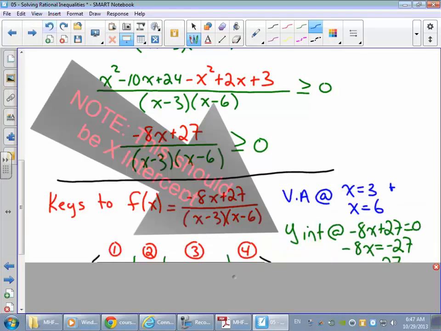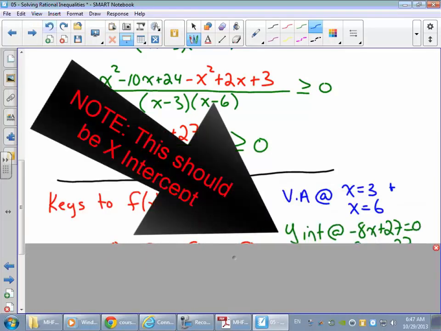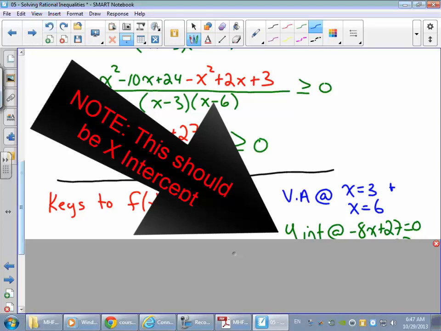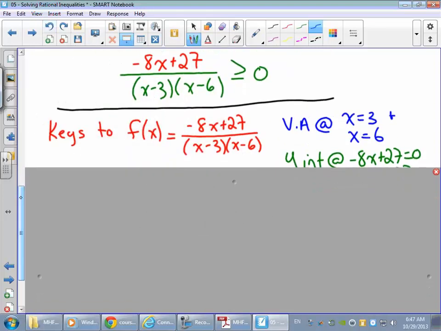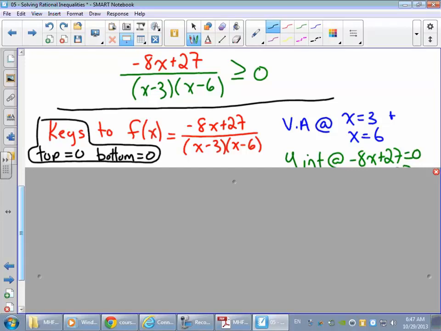Okay, so same sort of thing now. Key points are when the top is 0 and the bottom is 0. Those will always be my keys. Top equals 0, bottom equals 0. Those are my keys.